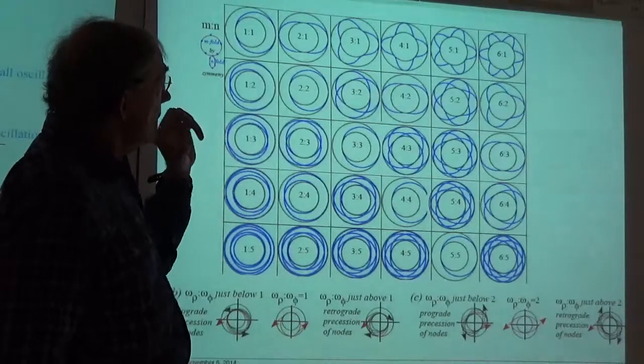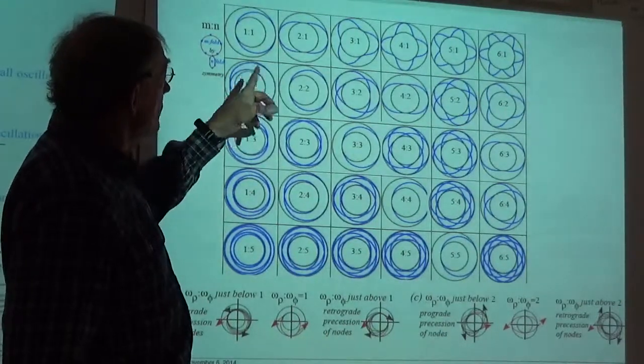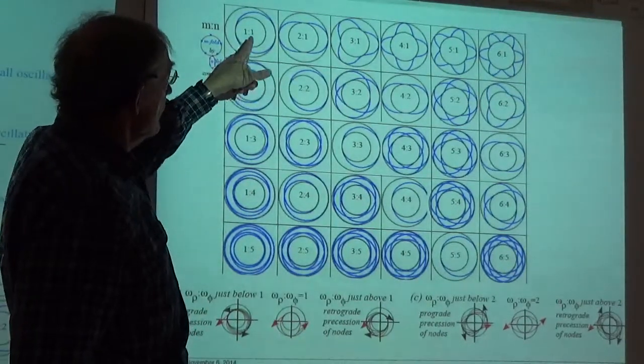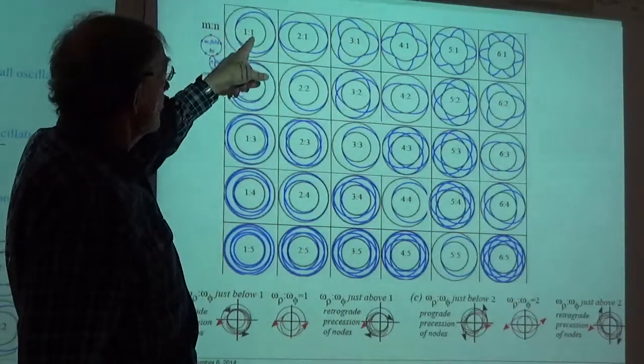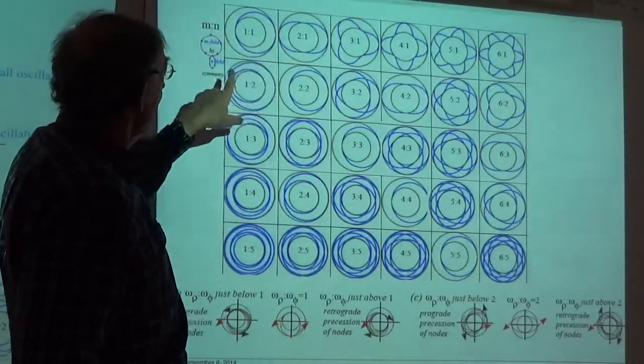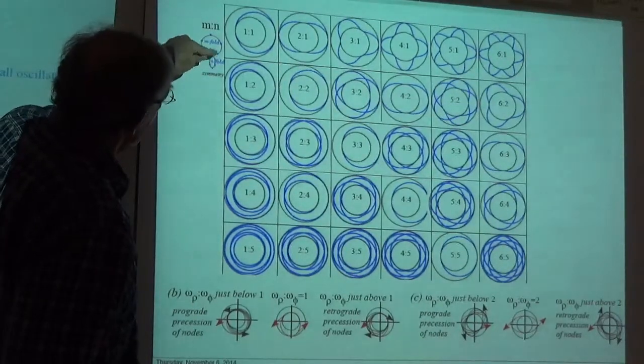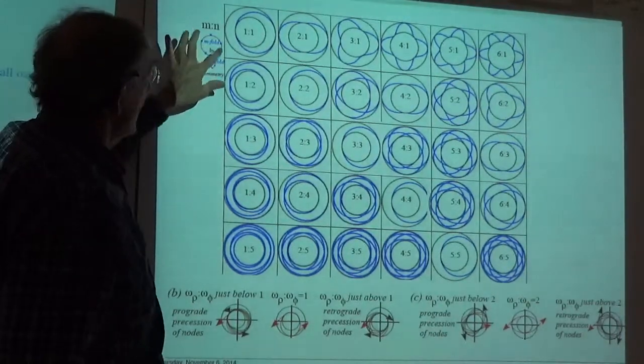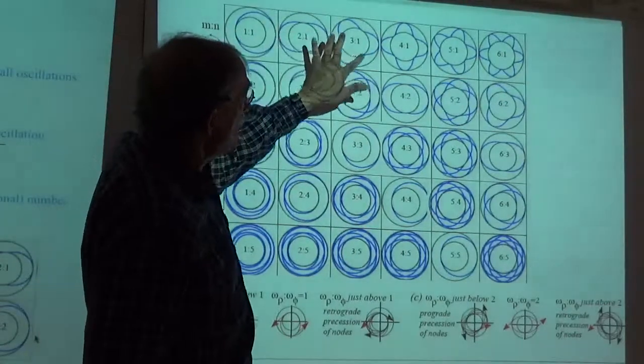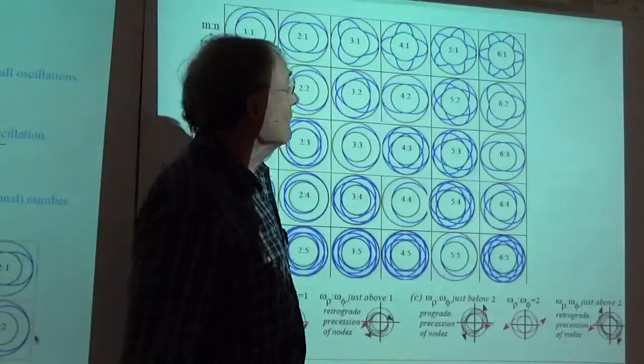There's a cyclic symmetry associated with, if we just keep the n equal to 1, that's the n associated with the radial behavior, and look at different values of m, the symmetry is pretty obvious.